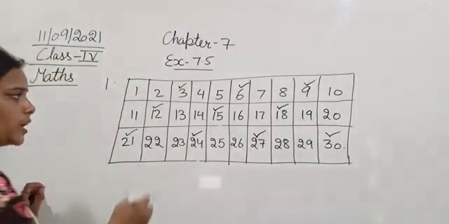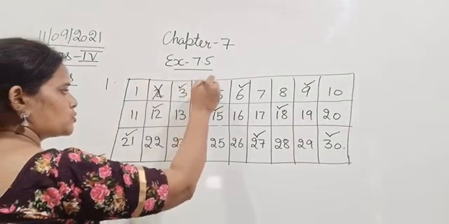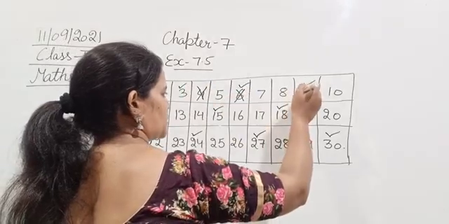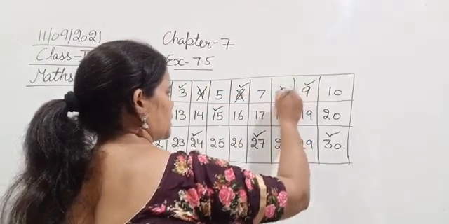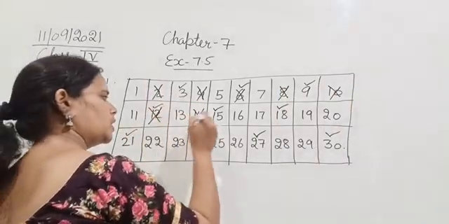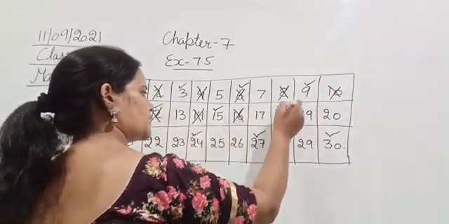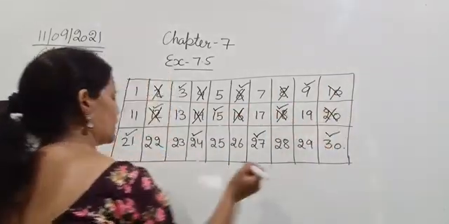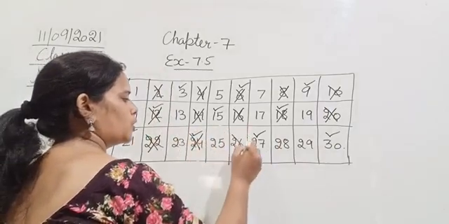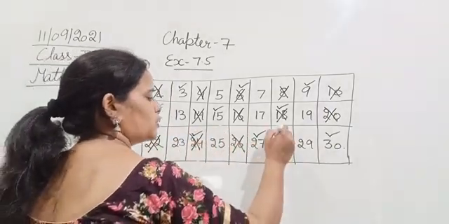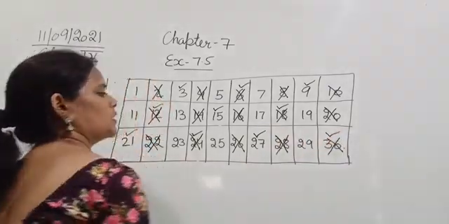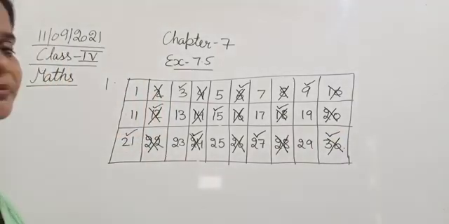So the multiples of 2 are 2 ones are 2, 2 twos are 4, 2 threes are 6, 2 4s are 8, 2 5s are 10, 2 6s are 12, 2 7s are 14, 2 8s are 16, 2 9s are 18, 2 10s are 20, 2 11s are 22, 2 12s are 24, 2 13s are 26, 2 14s are 28, 2 15s are 30.